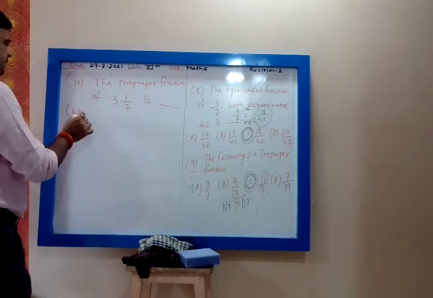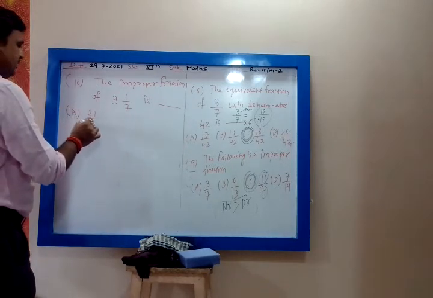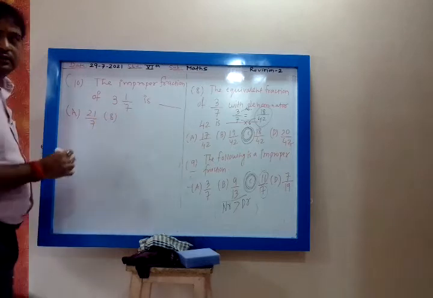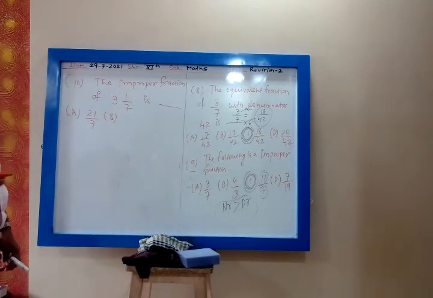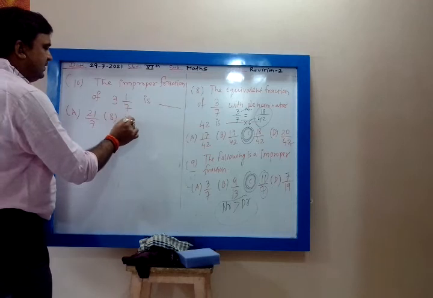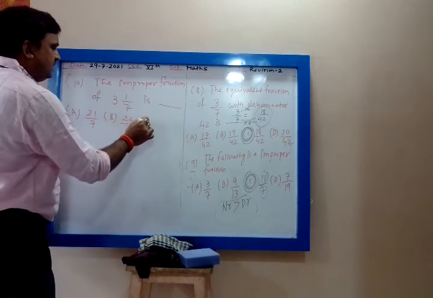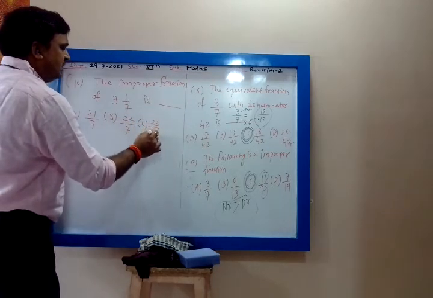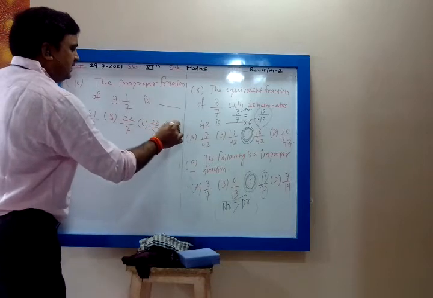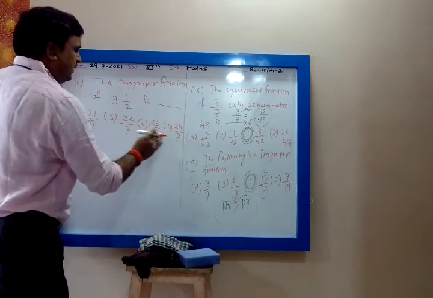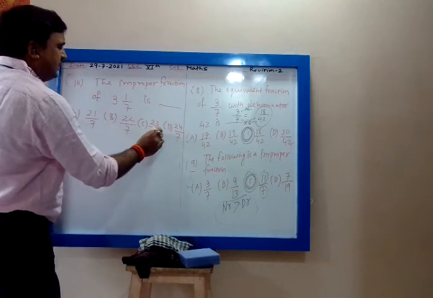Option A is 21/7, B is 22/7, C is 23/7, D is 24/7. Okay.